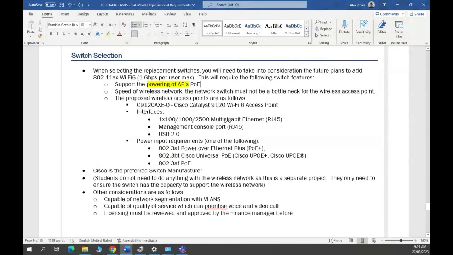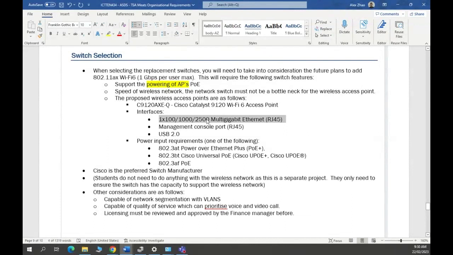So this is the access point that we want to plug in the future. Again, it gives you the exact model. And these are the speeds of the ports that it's capable of. So you could be 100 megabits per second, 1 gigabit, or 2.5 gigabits. You can see that gets even faster than normal LAN speeds, isn't it?